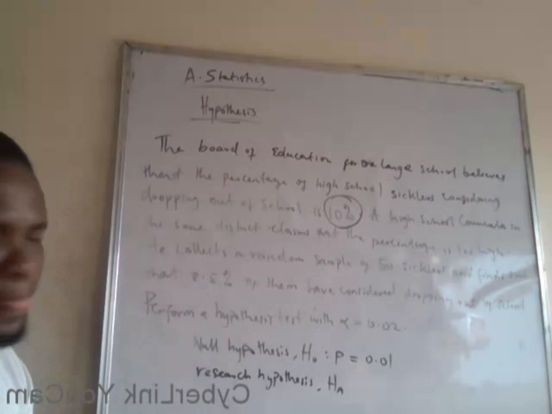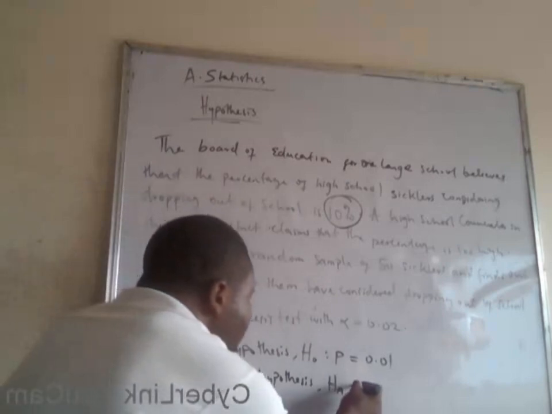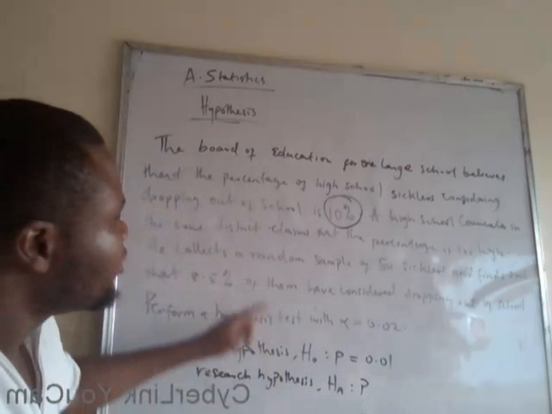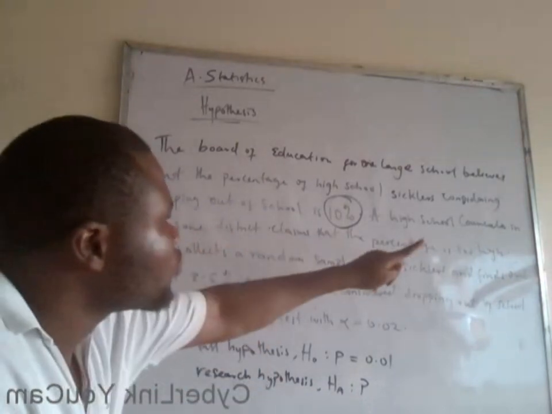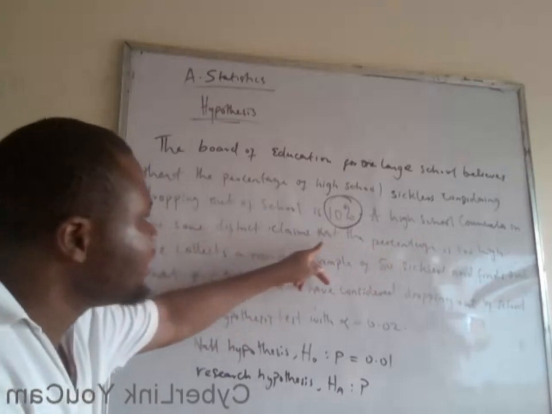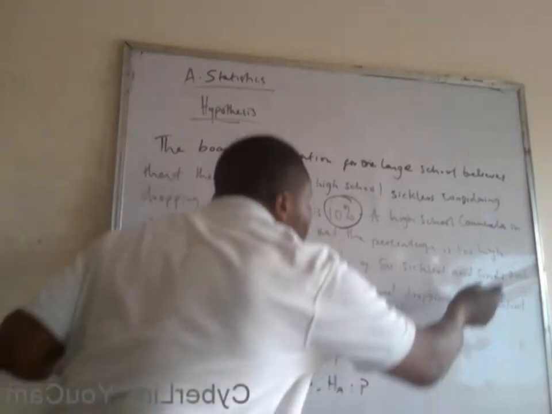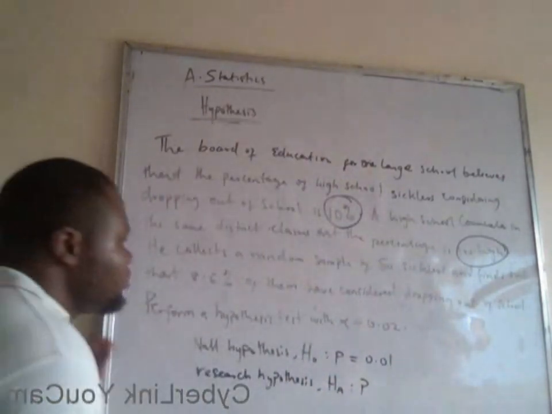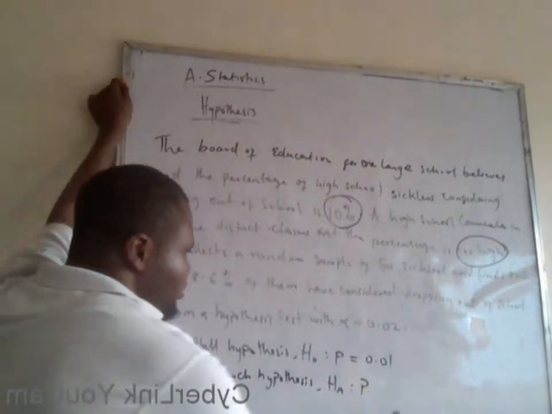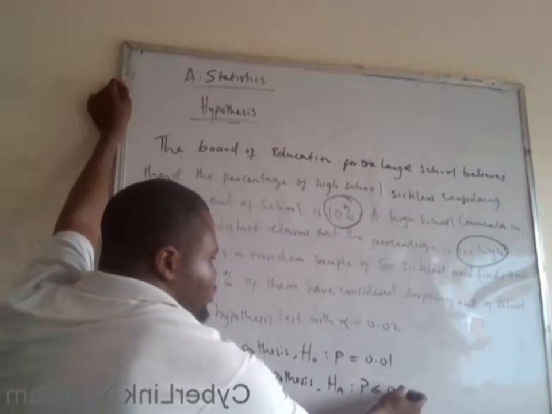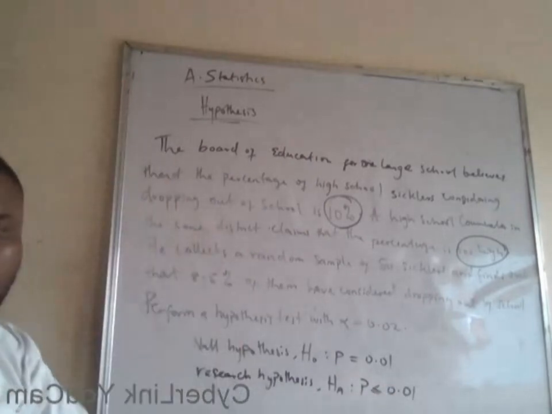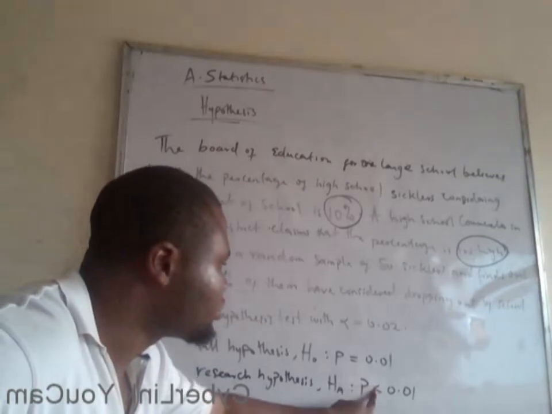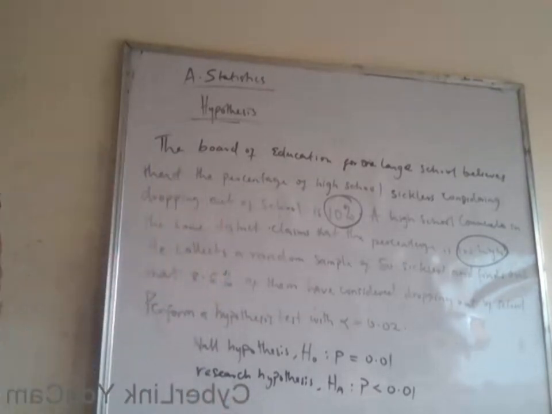And our HA is that a high school counselor in the same district claims that the percentage is too high, meaning that the population parameter is greater than 0.01. All right.